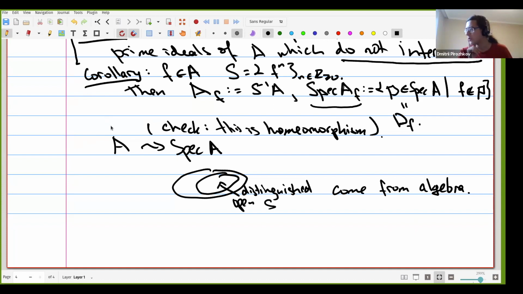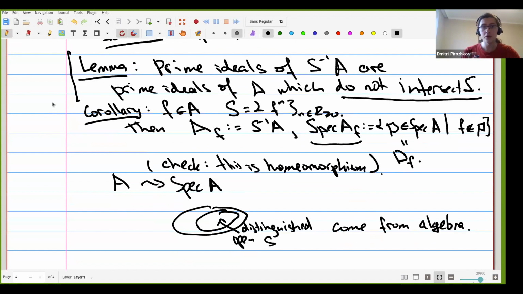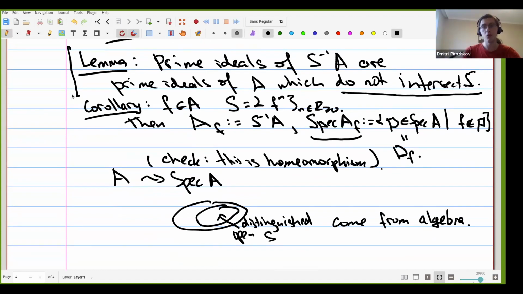Okay, so what I wanted to do is prove the lemma, or at least indicate the proof, for understanding what the prime ideals of the localized ring look like, because that's an important argument that is fundamental to working locally, for proving things locally.